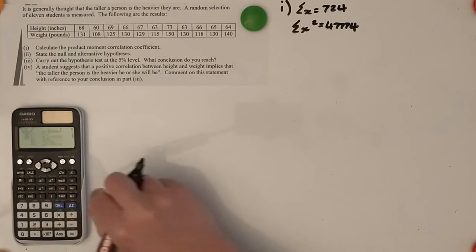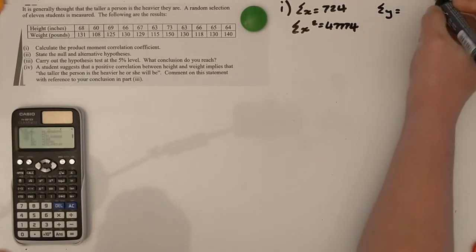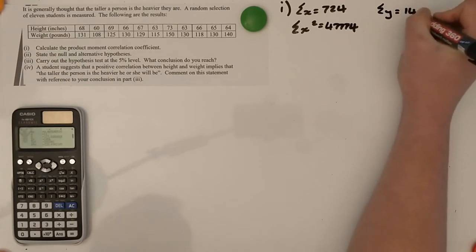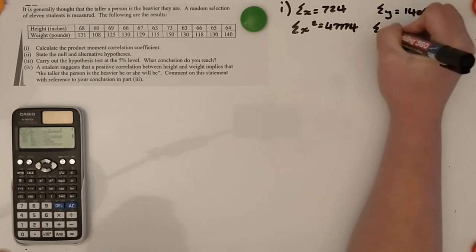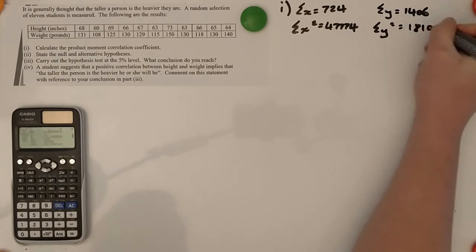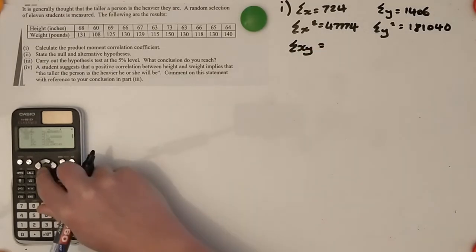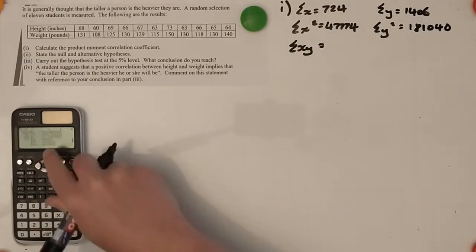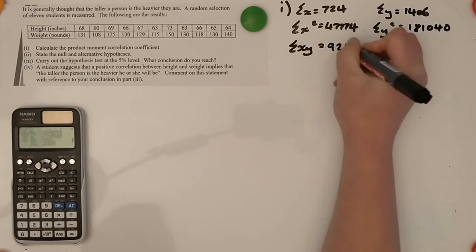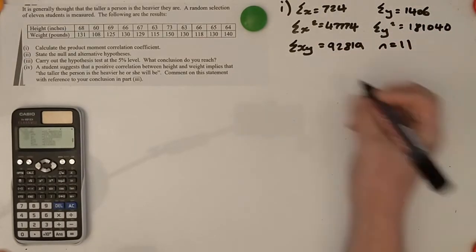Then I've got sum of y equals 1406, sum of y squared equals 181040, and sum of xy equals 92819, and n equals 11.